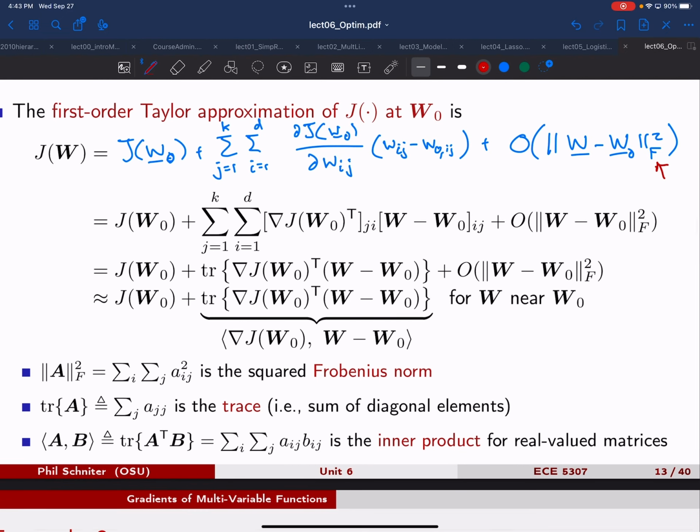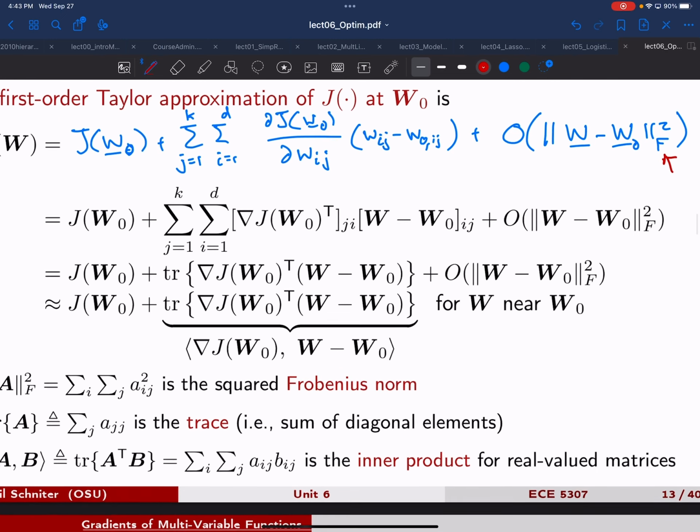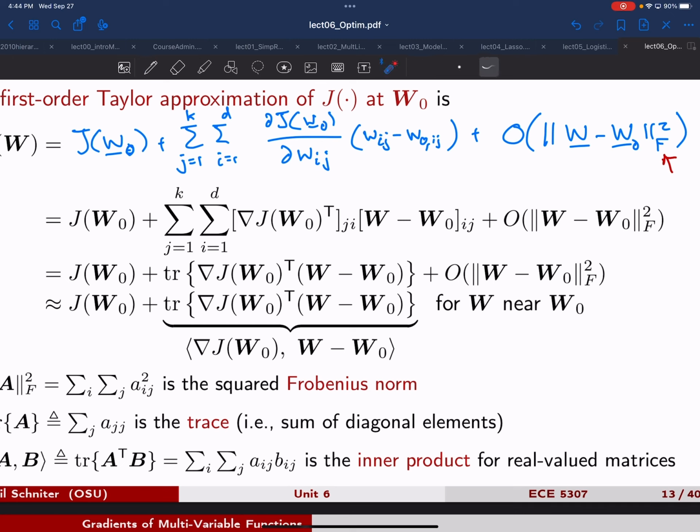So now we have a little bit of linear algebra to do. This might remind you of some of the things we reviewed back in Unit 0 that keep coming up as the semester goes on. So we'd like to write this in terms of matrices themselves. This, you can see, is actually the ith row and jth column of the gradient matrix.